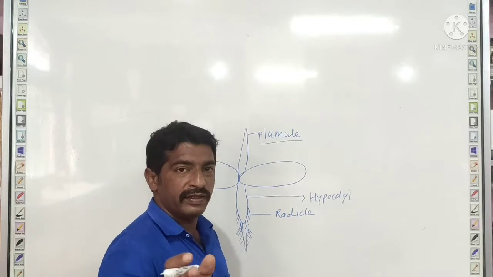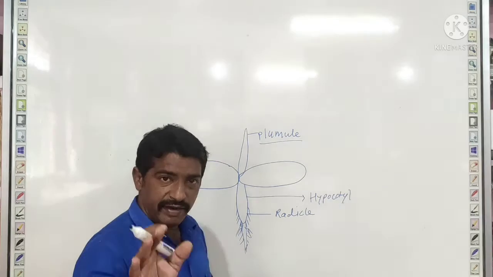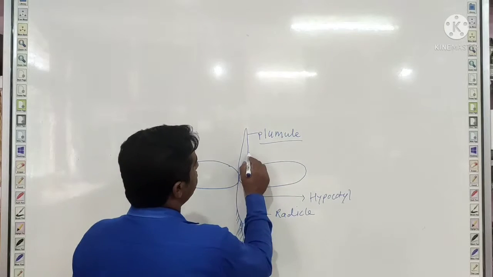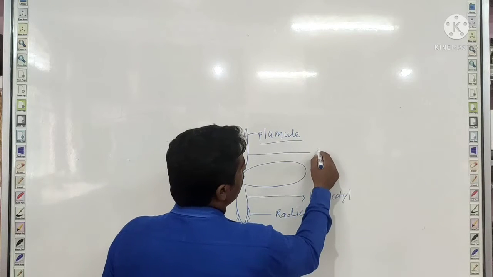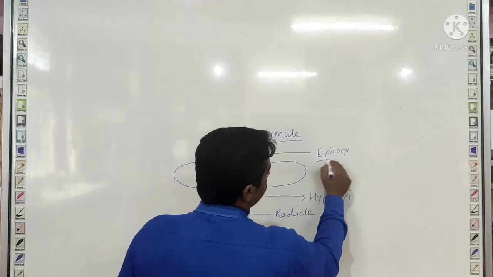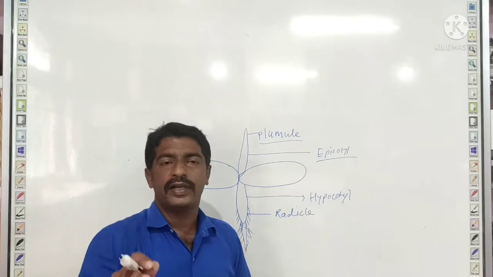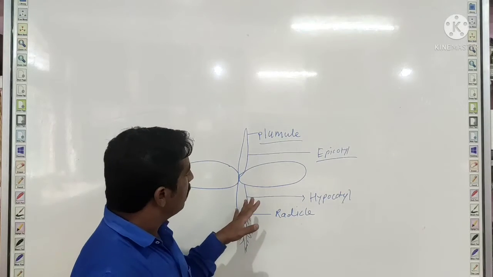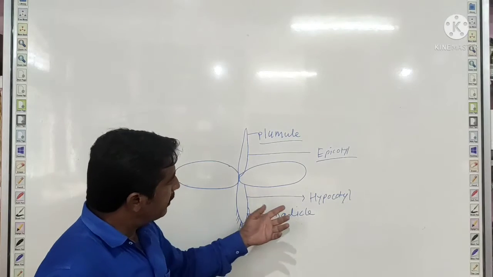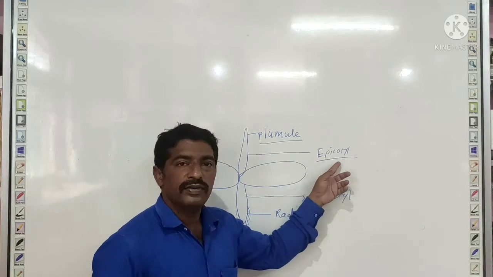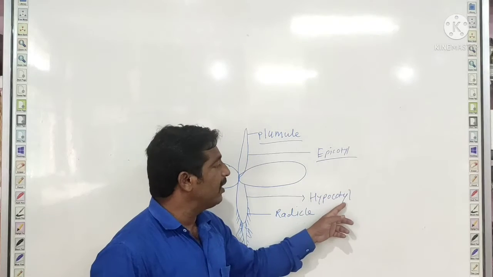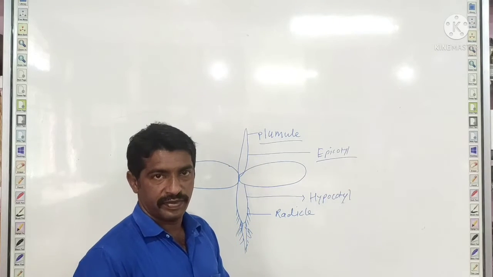The other region, which is between the cotyledons and the plumule, is called the epicotyle. So at the time of germination of a dicot seed, either the epicotyle elongates first or the hypocotyle elongates first.